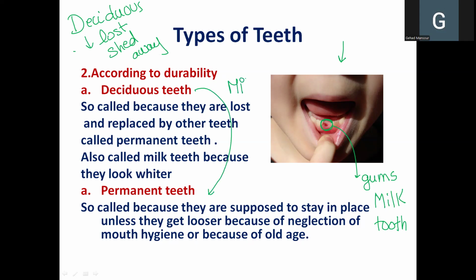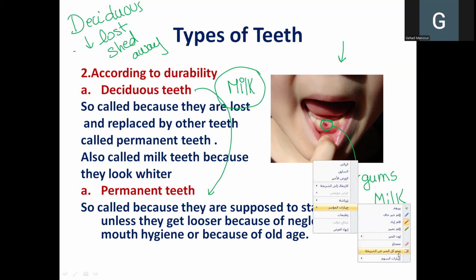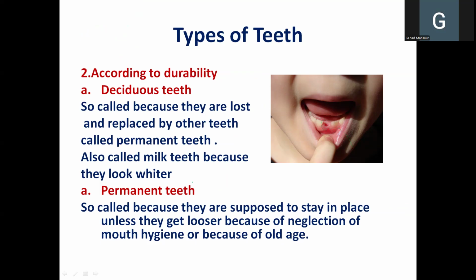We sometimes call them milk teeth because they are very white in color and because they appear in young kids that maybe are still milk fed, but mainly because of their white color. So they're so called because they're lost and replaced by other teeth, and they are called white teeth because they are white in color.